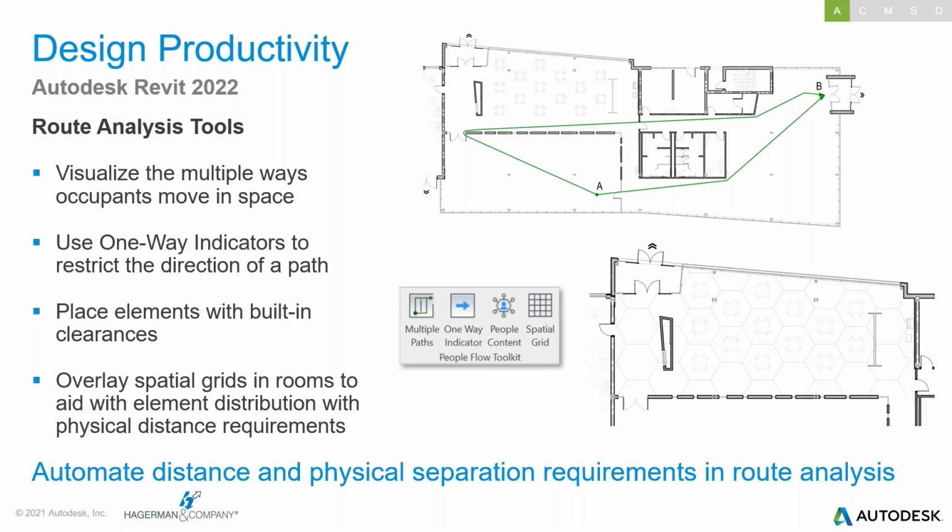You can place people content to represent occupants with built-in buffers. These buffers are recognized as clearances during route analysis and overlay a spatial grid in rooms to visually aid in distributing elements to meet prescribed physical separation requirements.